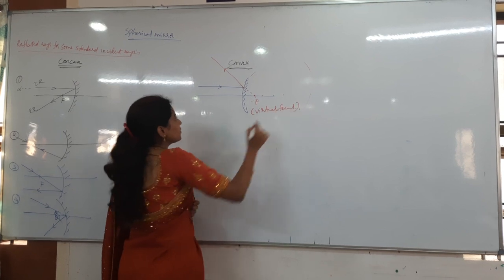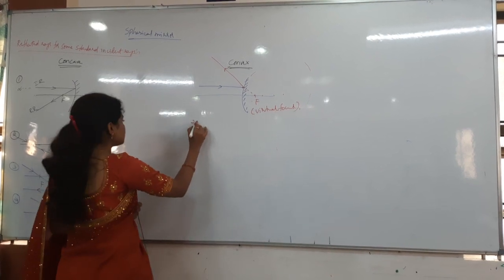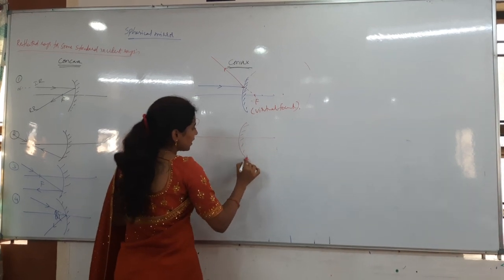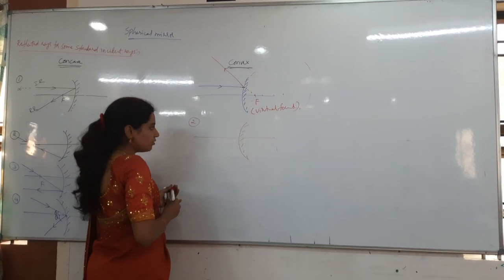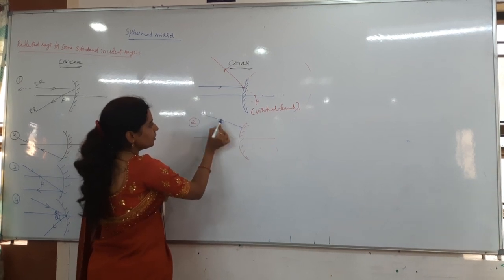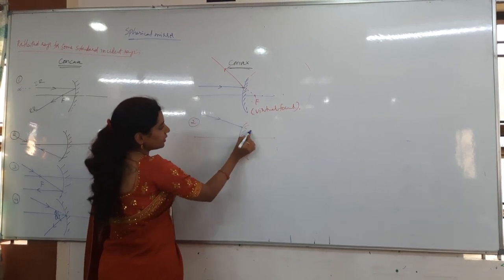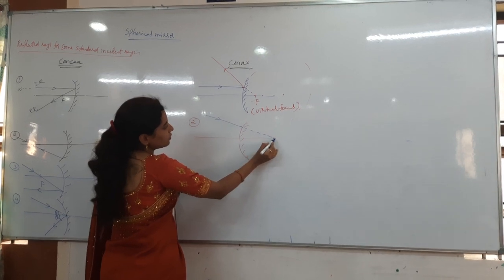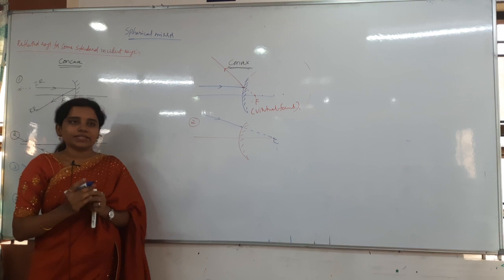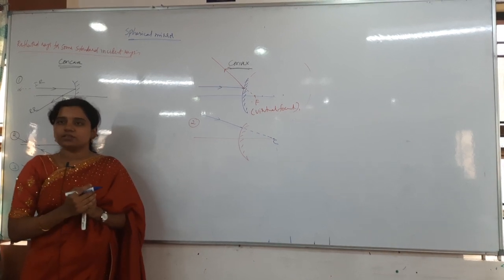Virtual focus. Then the next one is the second case. I have taken a convex mirror like this. Now a ray is coming like this, and it is appearing like it is passing through the center.